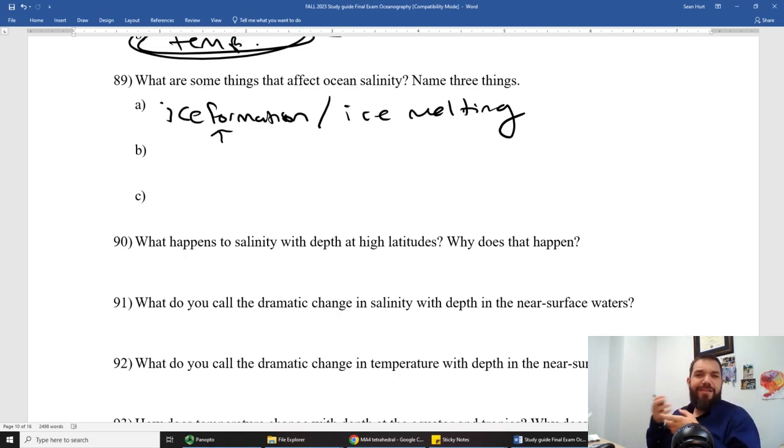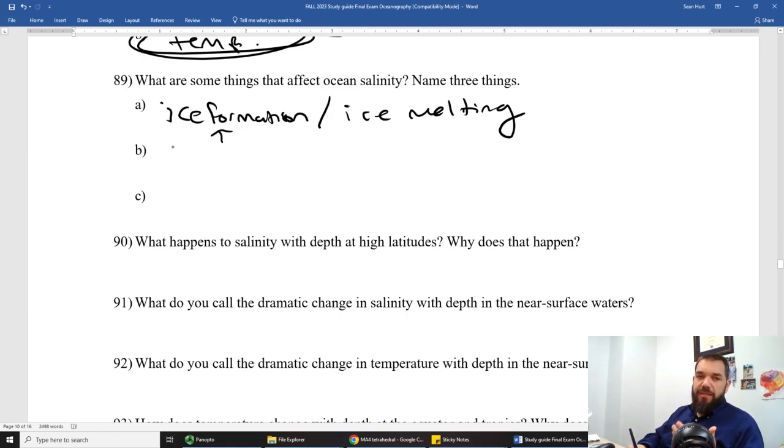It doesn't take the salt into its ice structure. So it leaves the salt behind. And that means that as the ice forms, it's going to make the residual water saltier. Vice versa, ice melting is going to have the opposite effect. It's going to make the water less saline. It's going to make it more, I don't know what you want to say, fresh when it melts, okay?